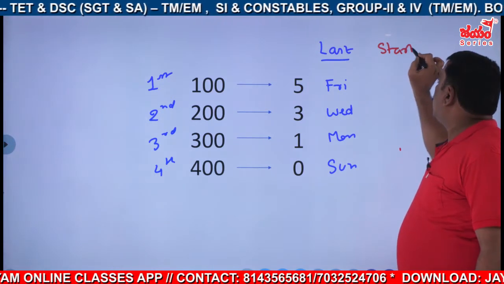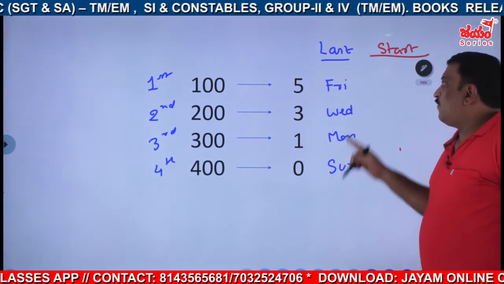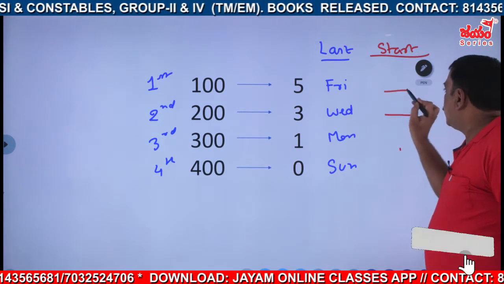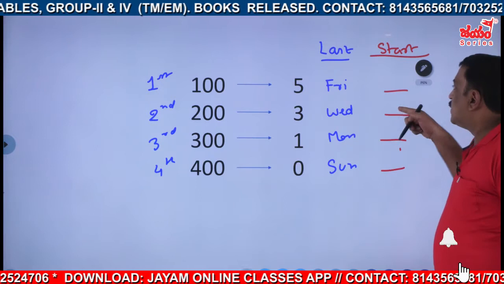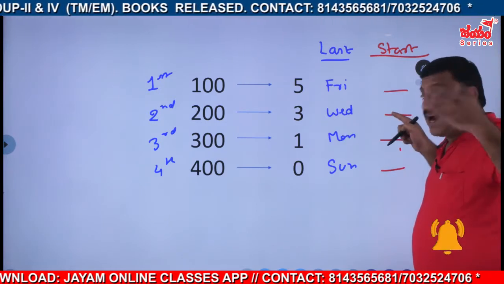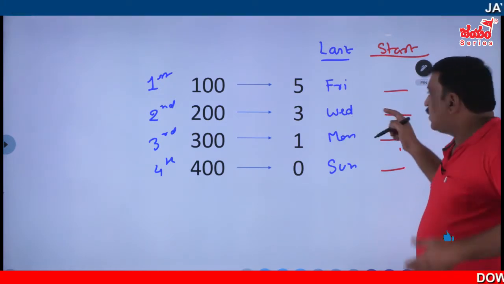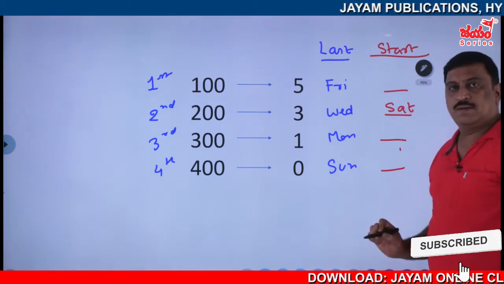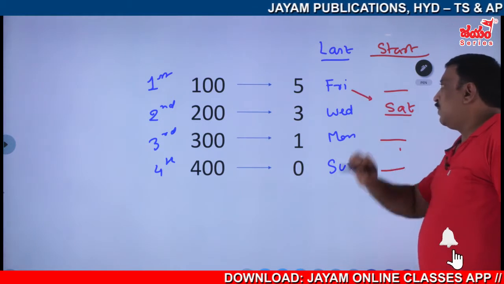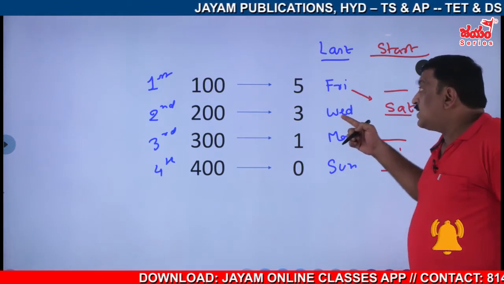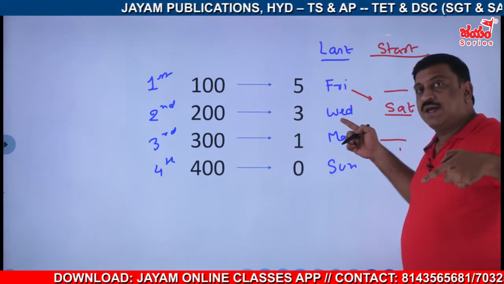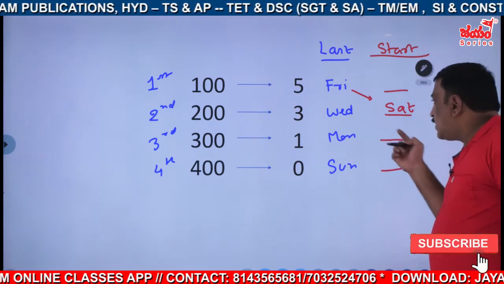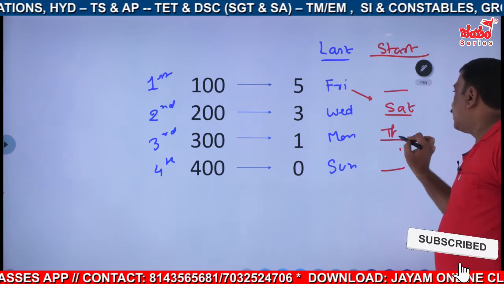If the first century ends with Friday, you have to fill up this one. The second century starts with the next day after Friday, that is Saturday. Next, if the second century's last day is Wednesday, the third century starts with Thursday.